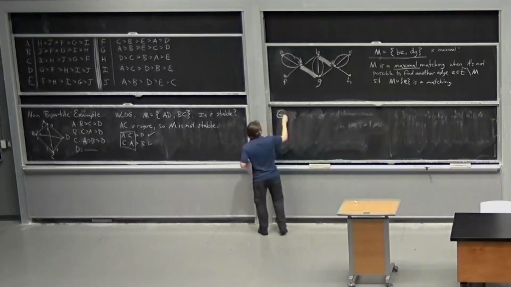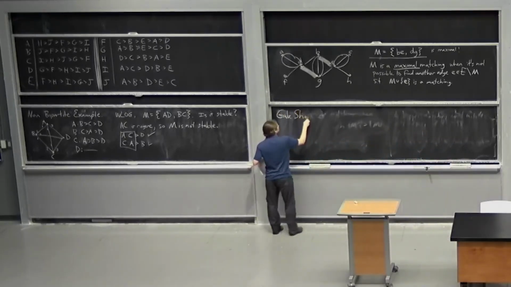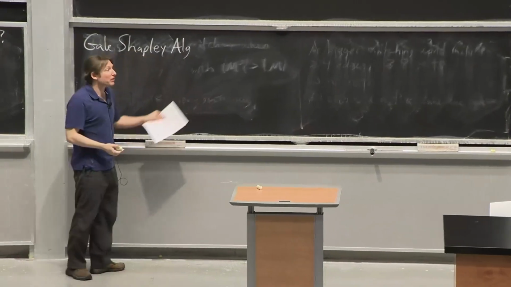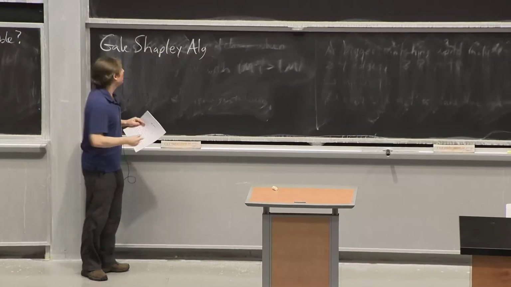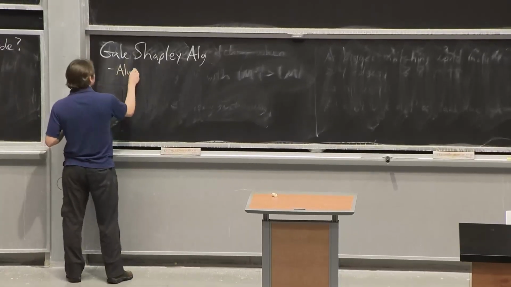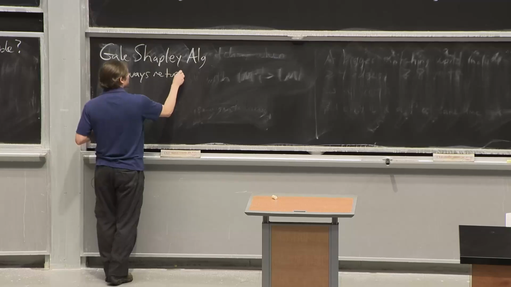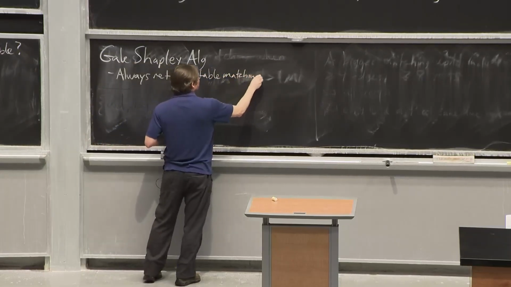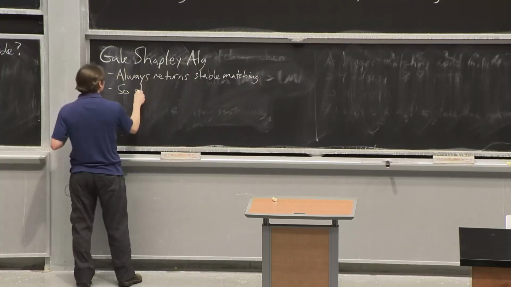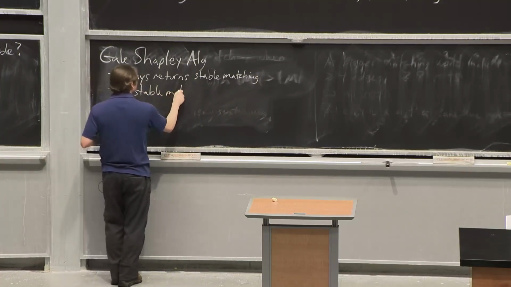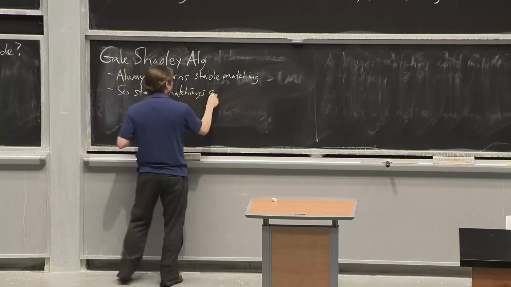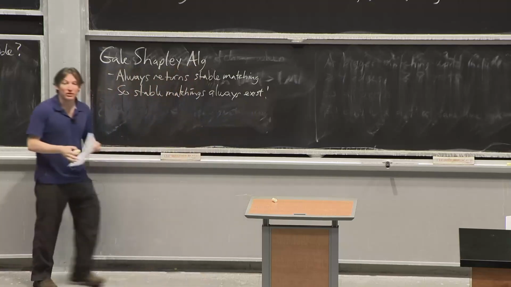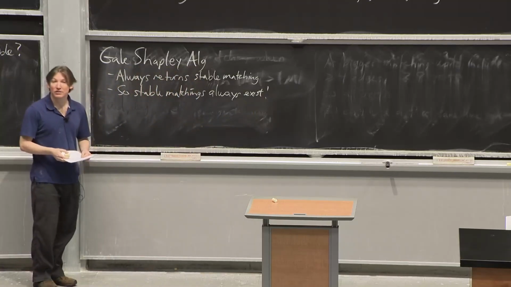So let's talk about the Gale-Shapley algorithm. This is, again, just for bipartite graphs as we set up over there. We're going to prove it always returns a stable matching, and therefore, stable matchings always exist in bipartite graphs.